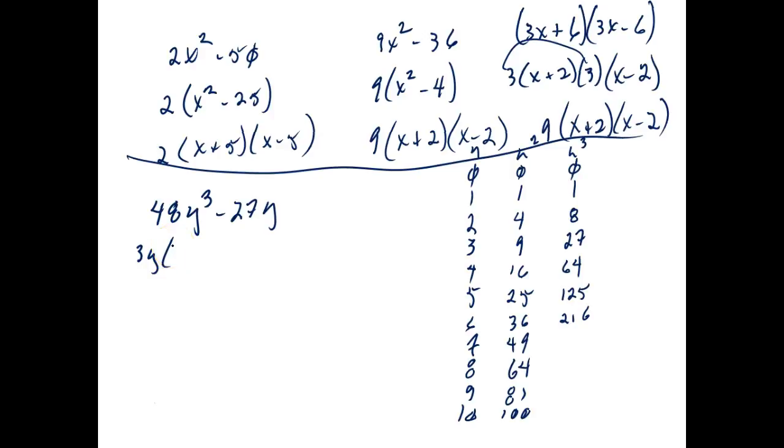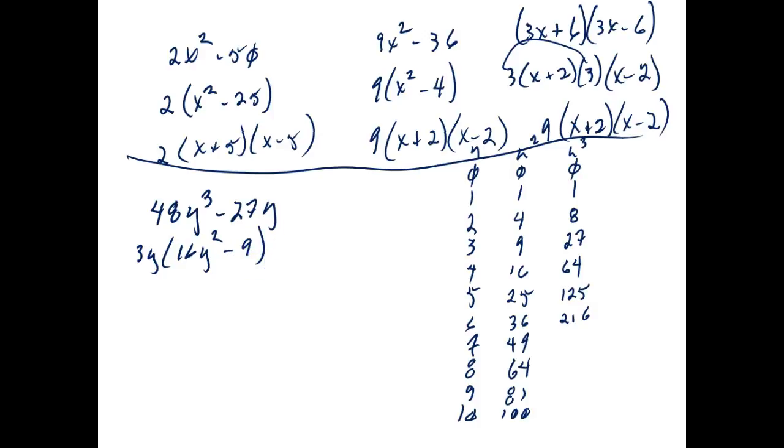A little louder? 3. Okay, now pulled out just a 3. What happened to the 48? Say again? 16y squared, okay? Next, minus 9.